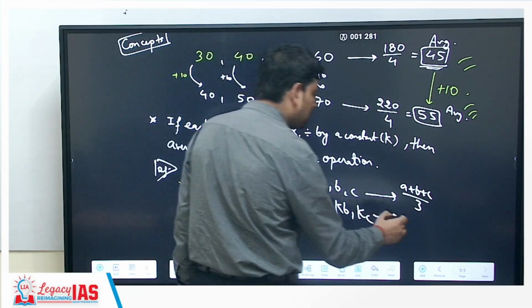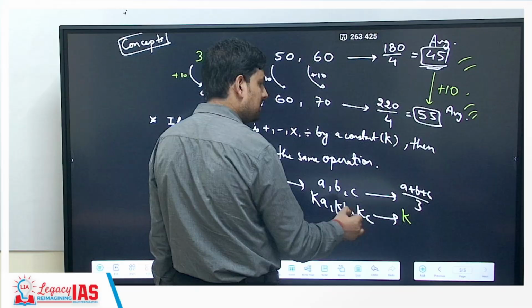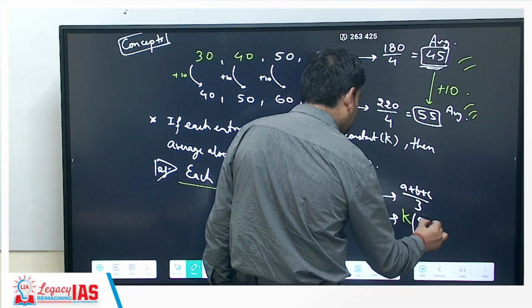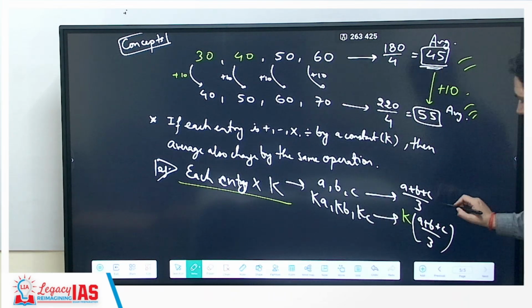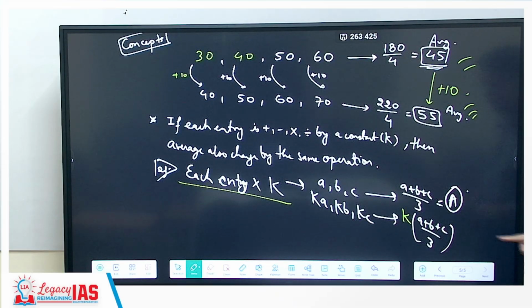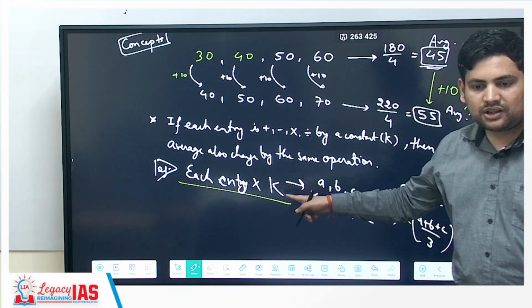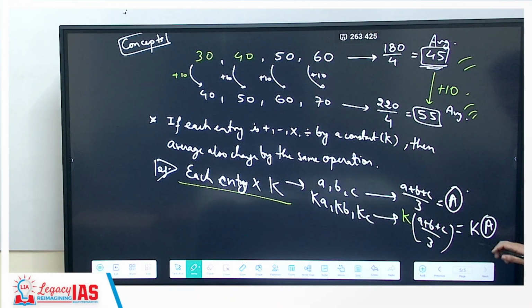Now the average will become, you can take k common, k times A plus B plus C by 3. Can you see? Let's say the initial average was A. Now the average has become k into A. That is, when you multiplied each entry by k, the average also got multiplied by the same quantity.